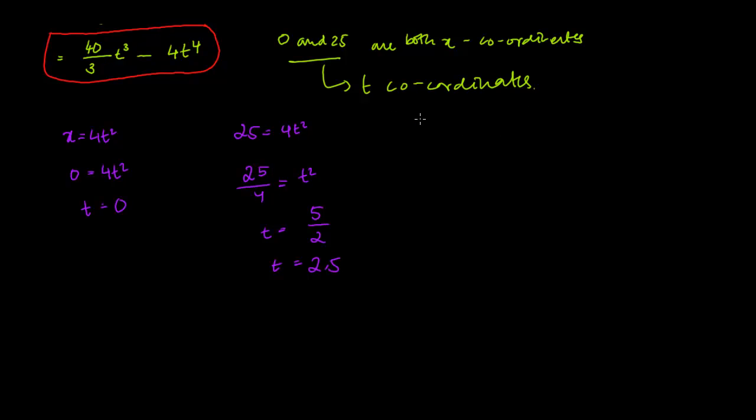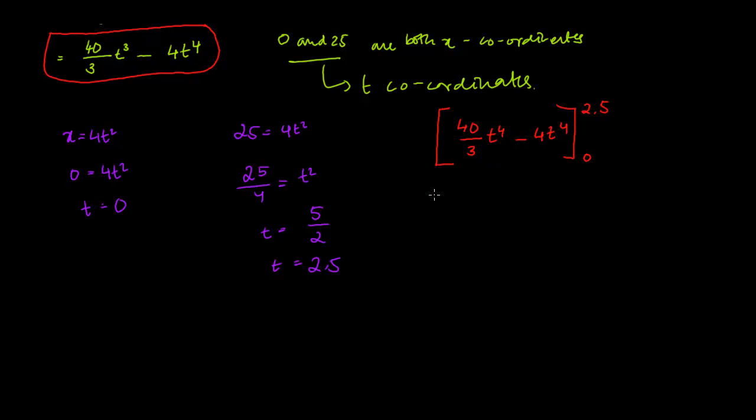So essentially, we need to calculate 40 over 3 t cubed minus 4t to the power of 4, from 0 to 2.5, and that will give us our answer.